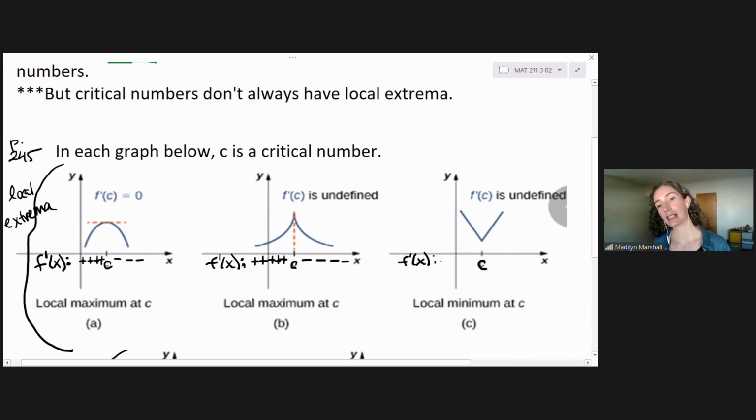And on this last graph, we're starting decreasing, but then the function starts to increase. So on these 3 graphs of local extrema, whether they're maximum or minimum, the sign of f prime is changing because the graph is either going from increasing to decreasing or decreasing to increasing.